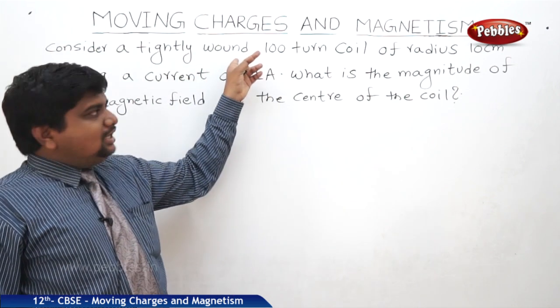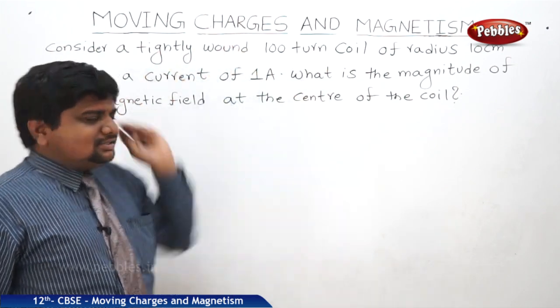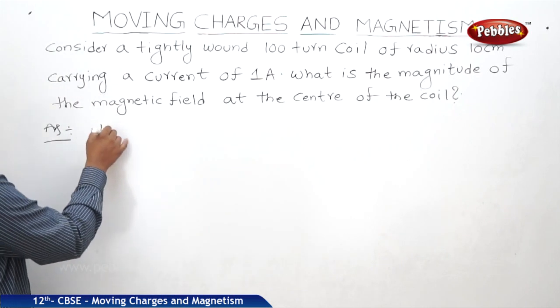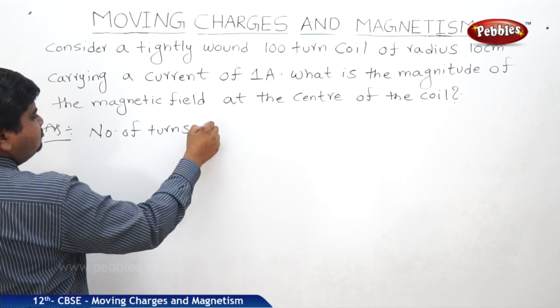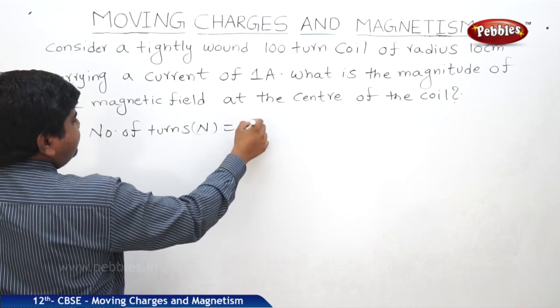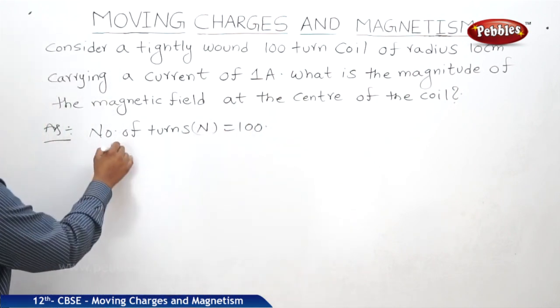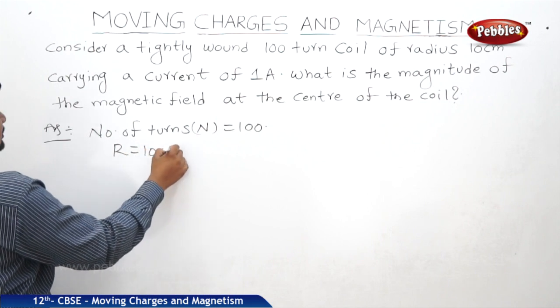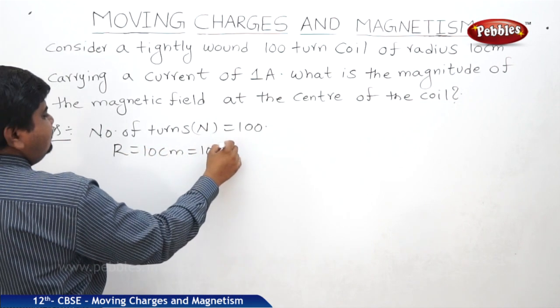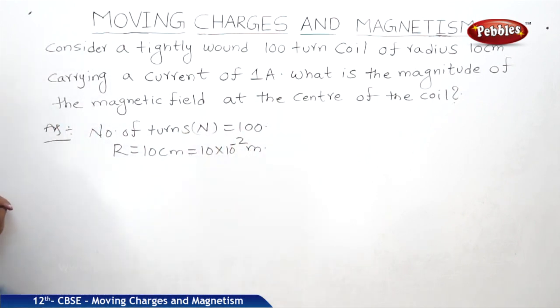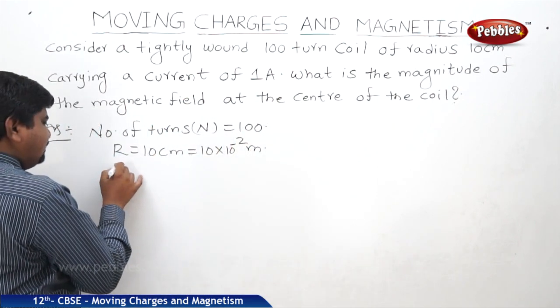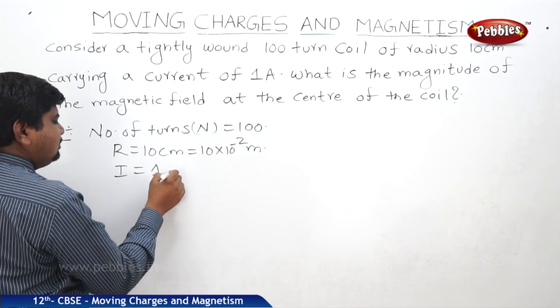A coil having 100 turns, meaning N is equal to 100. Radius r is equal to 10 centimeters, meaning 10 into 10 power minus 2 meters. Carrying a current of 1 ampere, I is equal to 1 ampere.